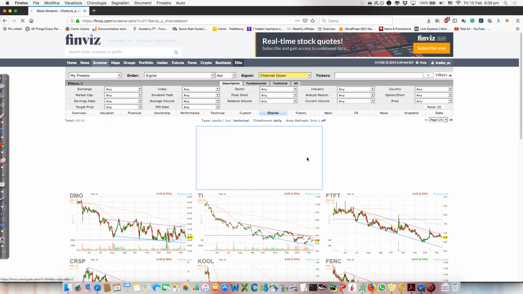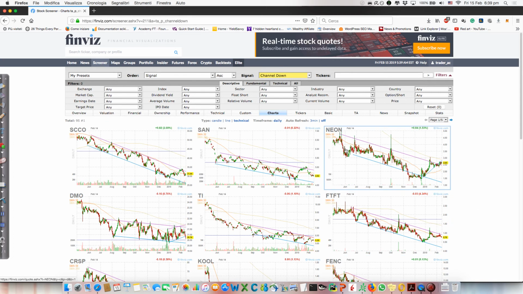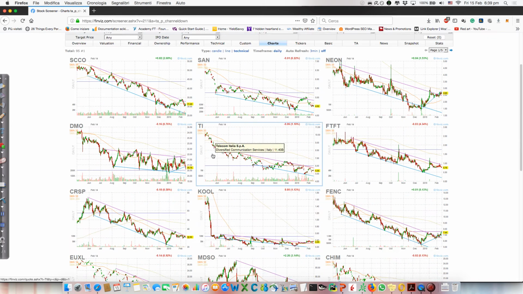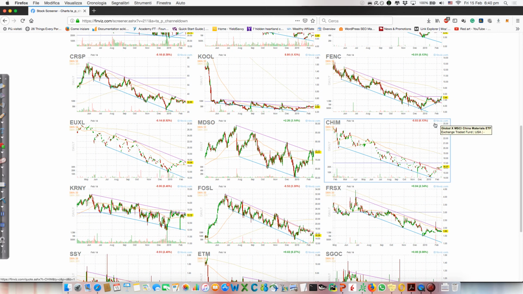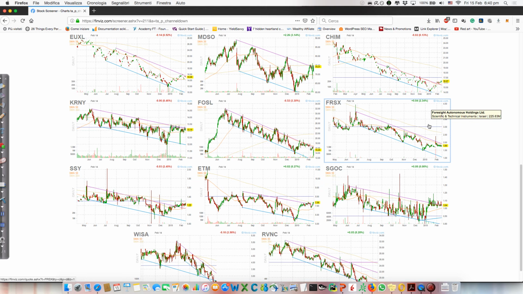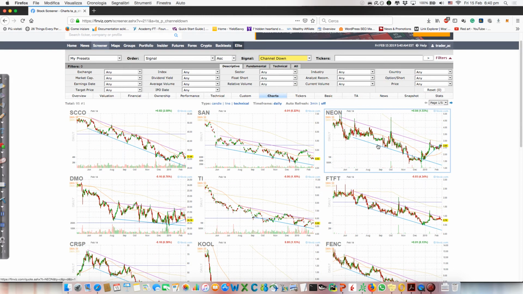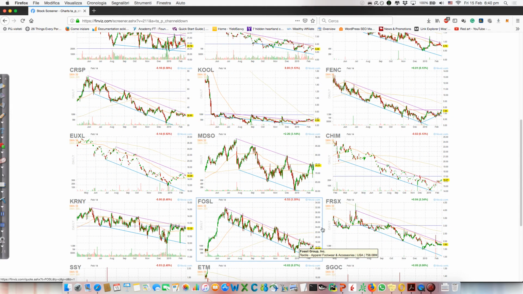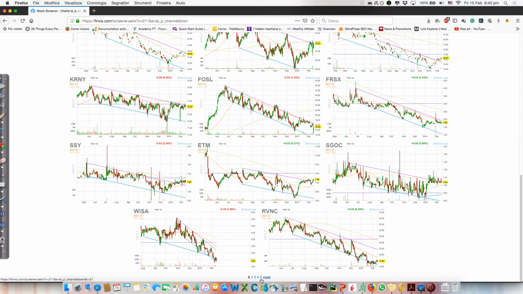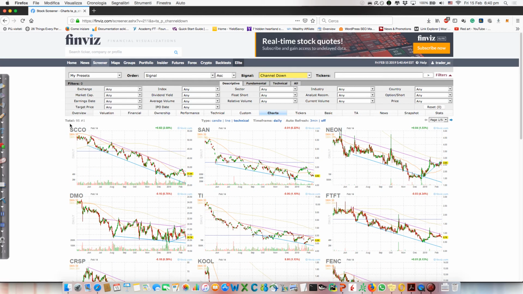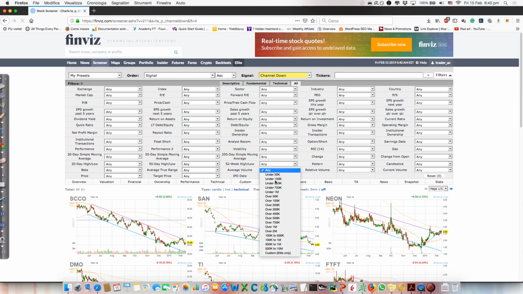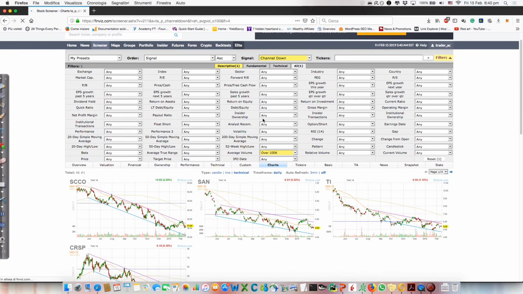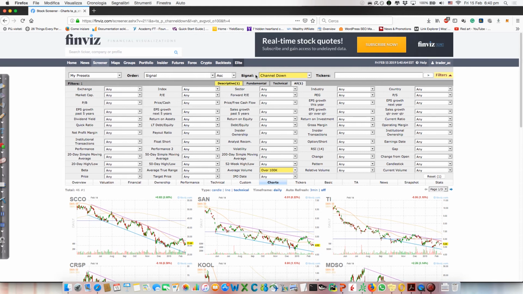Okay, so as you can see, we have a situation where support and resistance trend lines are going down. All right, and then we can have a look at, well, you see again as before, if we have too many results, we can add more conditions, like for example the average volume or whatever you want, depending on the strategies you are considering.